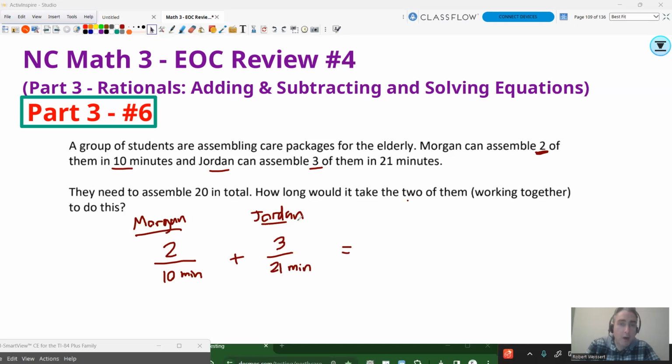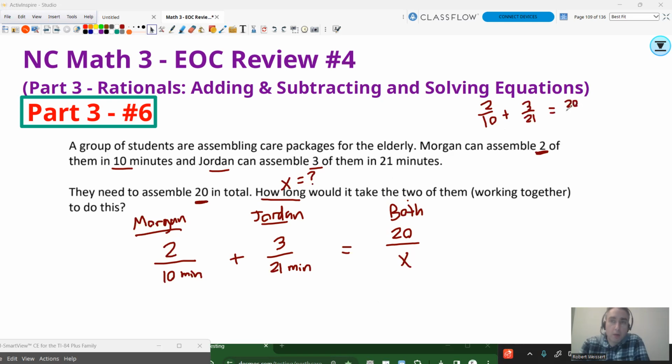What I don't have are the combined times. But I know that we want to do 20 of them. So they need to assemble 20 of them. We don't know how long it's going to take them. How long, that's going to be my x value, is going to take both. So that's going to be 2 over 10 plus 3 over 21 equals 20 over x.